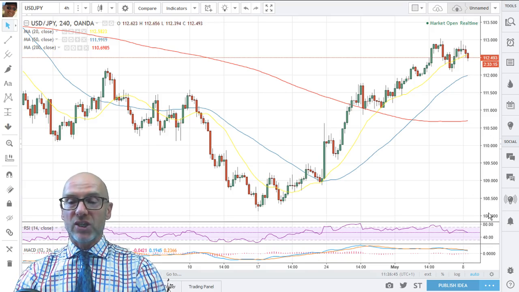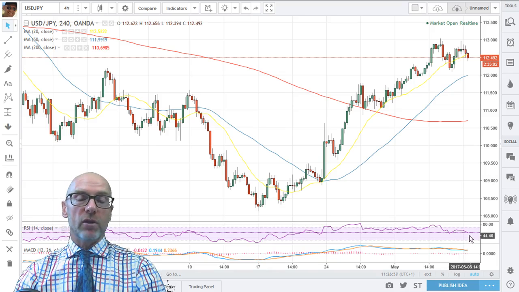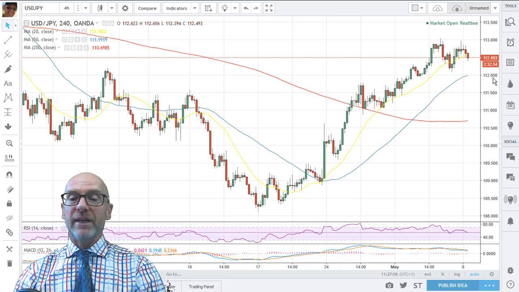Now this is the key chart for me for the short term, and I think you will probably see a further consolidation, maybe down to the 112 level. That would then confirm the downtrend on the RSI. That would go back below 50. The MACD would be shouting sell, and that would be confirmation that the downtrend's held on the daily.